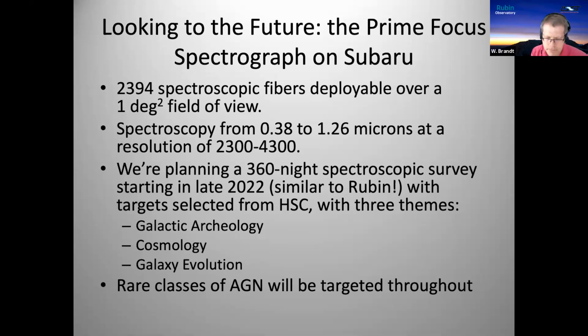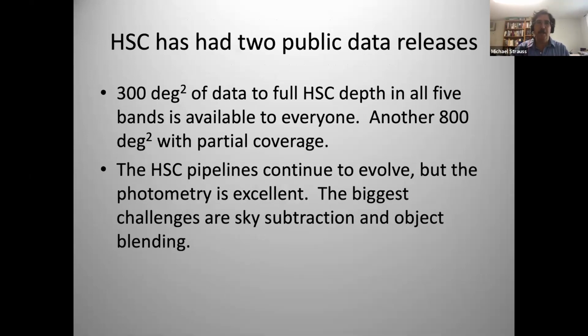A couple more questions now. Gordon Richards is asking if you could take us through in a little more detail what HSC data are public. I think you mentioned it on a previous slide, but a little bit more of a show and tell can be helpful. I don't have slides, and I'm not sure I have quite all of it in my head. What are available are the images themselves, the raw data, the processed data, the full catalogs as processed.